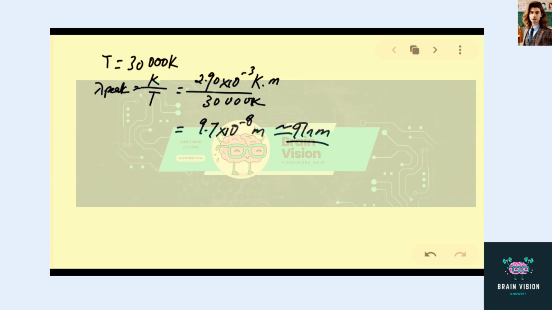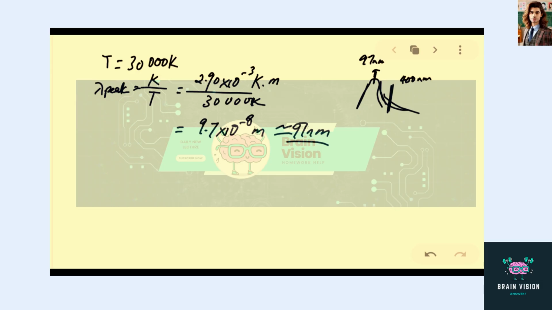Since its peak is biased towards the ultraviolet, what we observe in the visible range will be mostly blue light, because it will have its peak near the blue region, maybe around 400 nanometers.